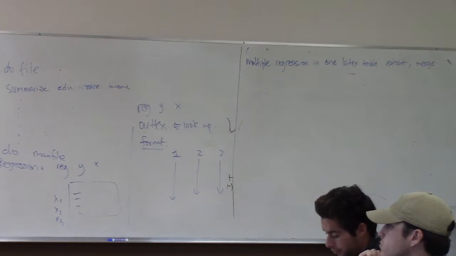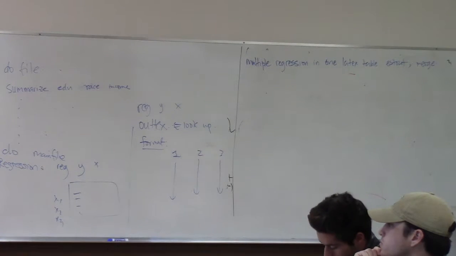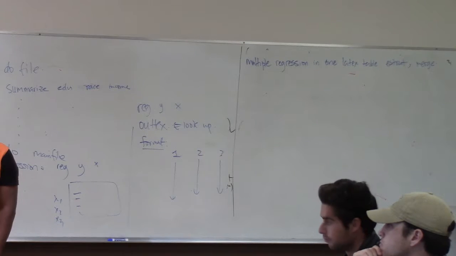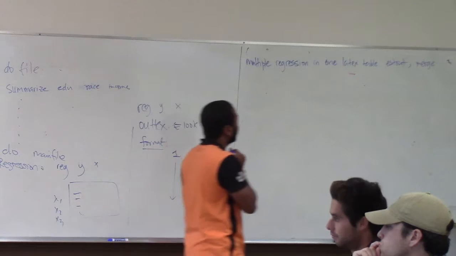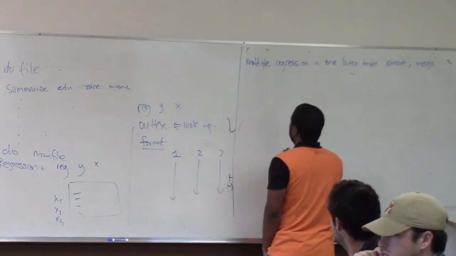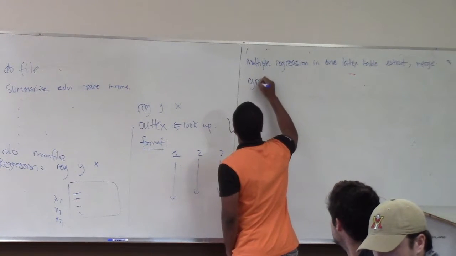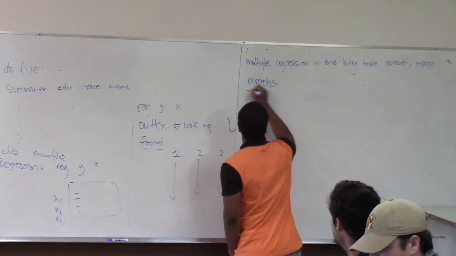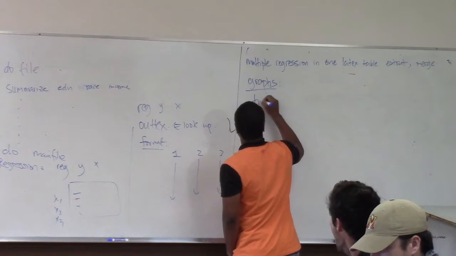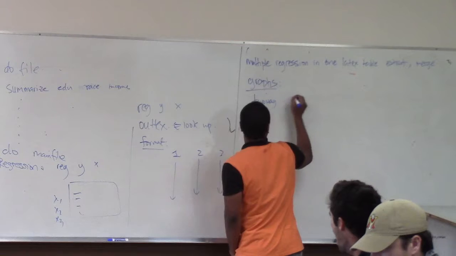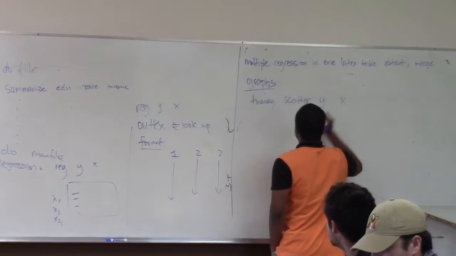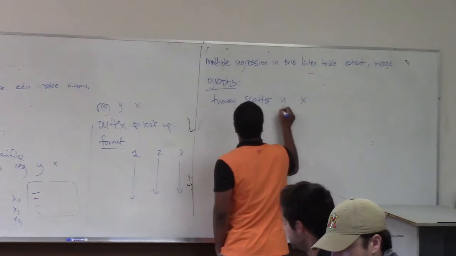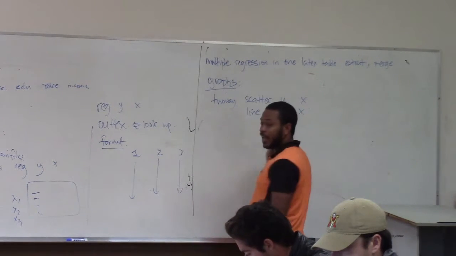And then for graphs, your basic command is twoway and then scatter, x or twoway line, and then whatever's on the y-axis versus the x-axis.